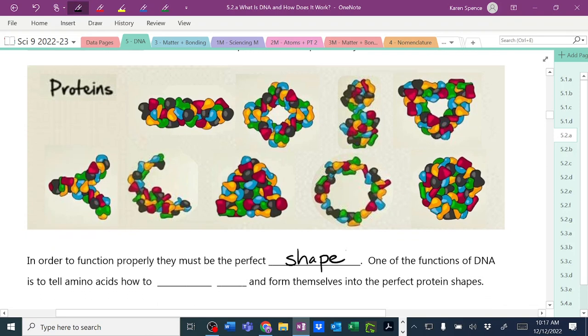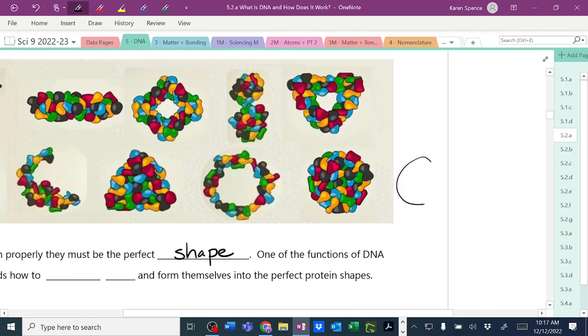Can you imagine if you had salad tongs and they were shaped like a sphere? Would it work very well? You'd be like, okay, I've got this ball. You could smush your salad with it, maybe, but it would not work properly, because in order to be good at scooping salad, you want something that kind of does this. And if it's not shaped with two pieces that can come together, then it's not useful. And just like that, the proteins have to have a specific shape so they can do their job.